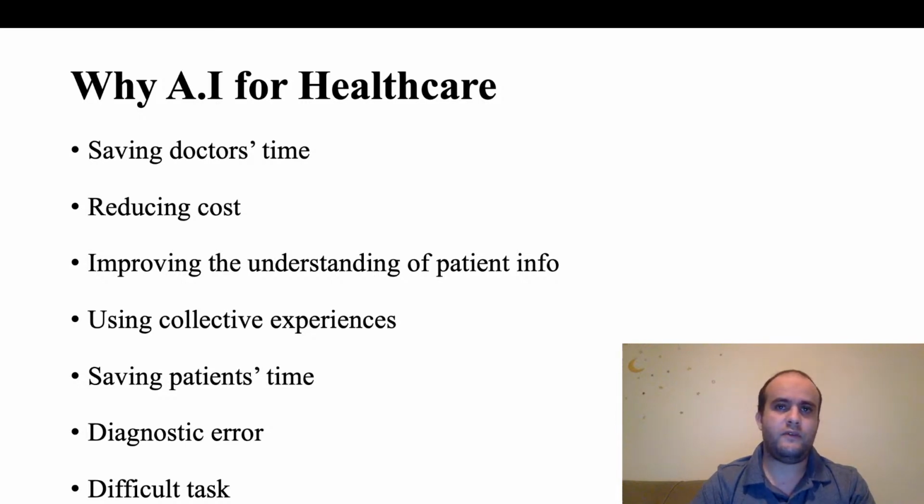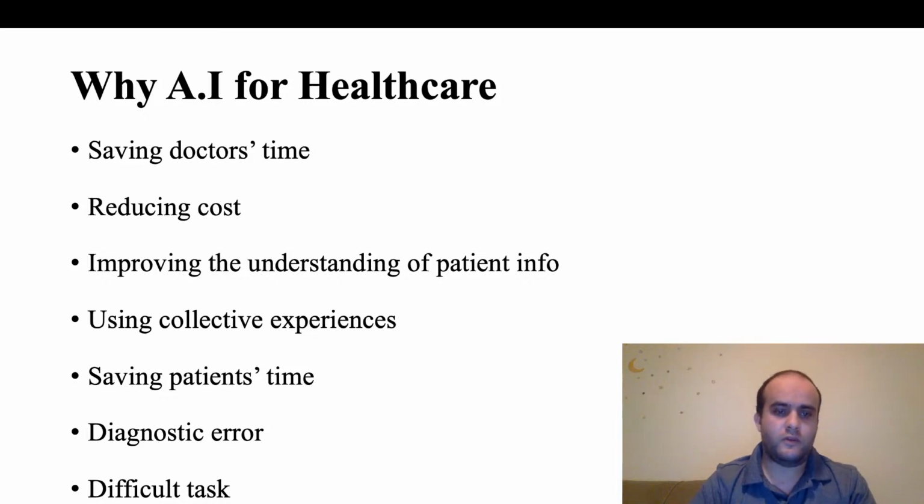So if we have AI that can recognize what type of information we need for a specific patient for this visit, we can save the time of a sick person who, I mean, sometimes can barely talk or write.